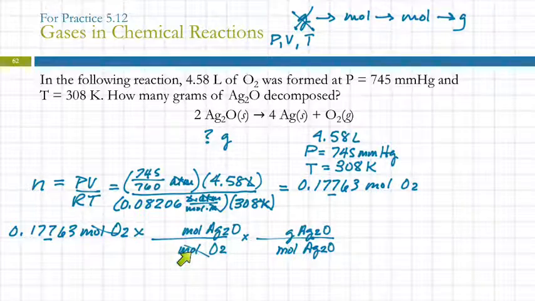Mole to mole, that's a mole ratio that comes from the coefficients in the balanced chemical equation. 2 moles of Ag2O gives 1 mole of oxygen. So I put 2 in front of Ag2O and 1 in front of oxygen. For the molar mass, I'm going to have to calculate that. I've got 2 silvers, 107.9, and an oxygen.